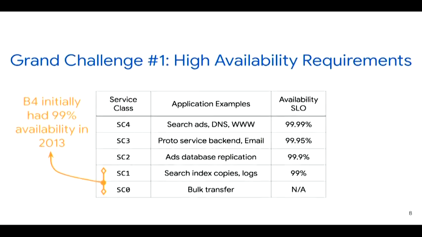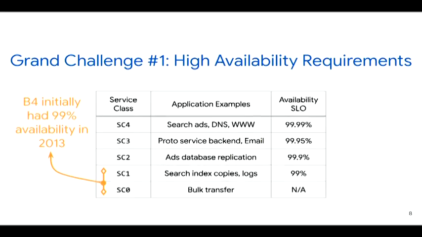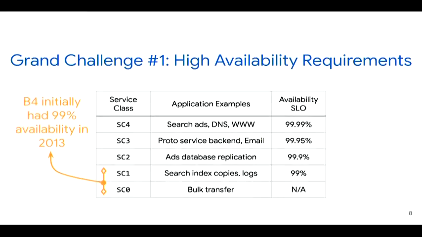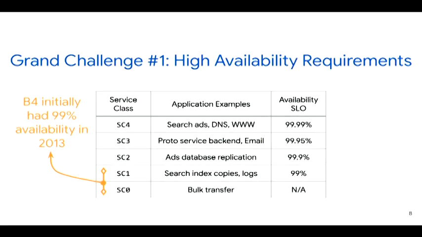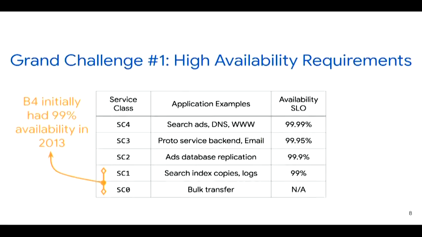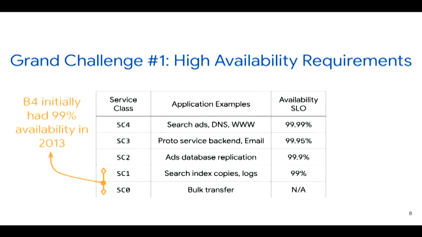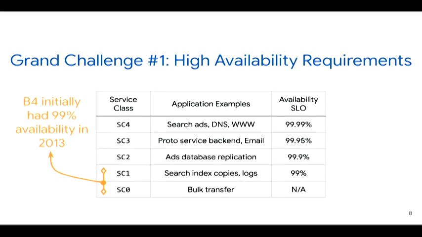Initially, B4 had 2 nines of availability, which means that the packet loss must be below a certain threshold, and the promised bandwidth is available 99% of the time over a monthly measurement window. However, there are many applications in Google that require a much higher level of availability SLO, service level objective. And B4 was not allowed to serve these applications due to the lack of availability.